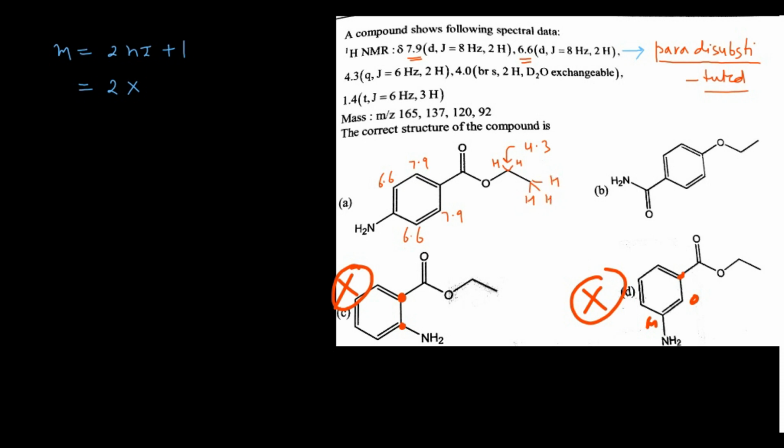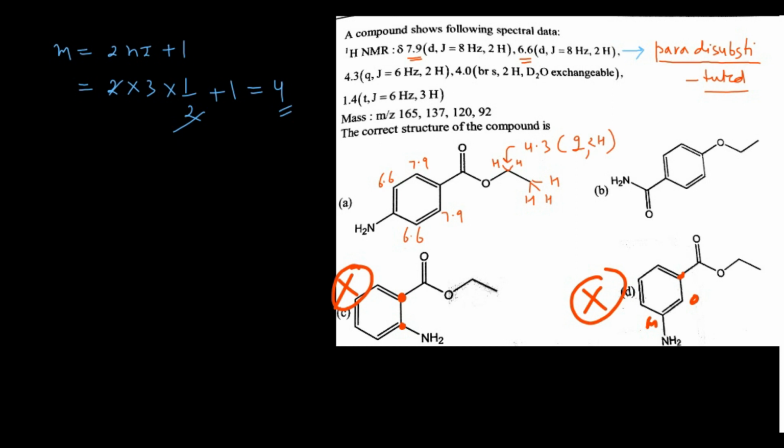You can straightforward put 3, and the spin quantum number for proton is half, so 2 times half cancels out, plus 1. It will give you 4, that means the quartet. So this value at 4.3 is a quartet that belongs to the 2 protons. Please remember, there is no need to remember the coupling constant in that case.